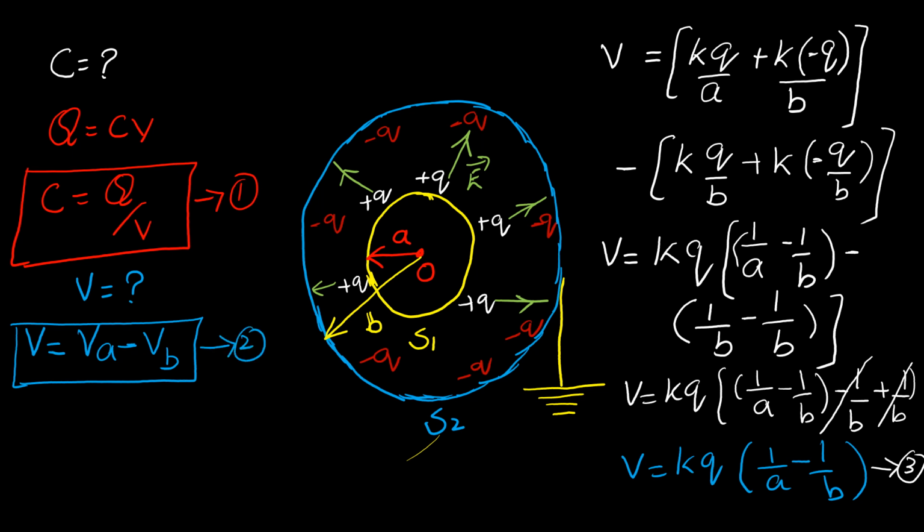Taking the LCM, equation number 3 becomes V is equal to KQ into (B minus A) divided by AB. This is the potential difference whenever the internal sphere of a spherical capacitor is charged.